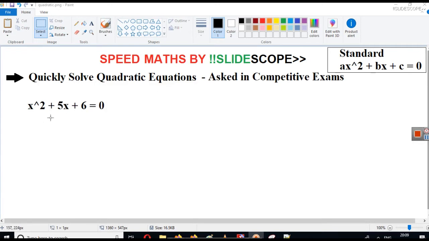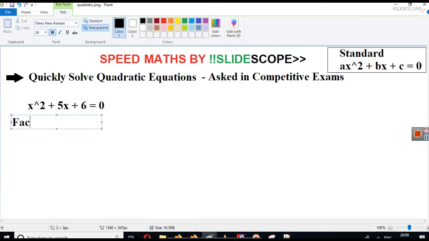How can we get the two possible values for x? We can use the factor method to solve these equations. We can factorize this equation so that we can get the two possible roots of x. Now first, in your mind, you have to calculate what is a, what is b, and what is c.